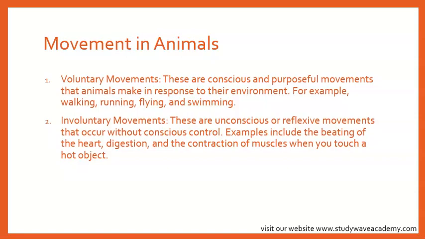Okay. Then we looked at movements in animals. We said animals have two types of movement. Voluntary movements are the ones they choose to make, like walking, running, flying, swimming, right?